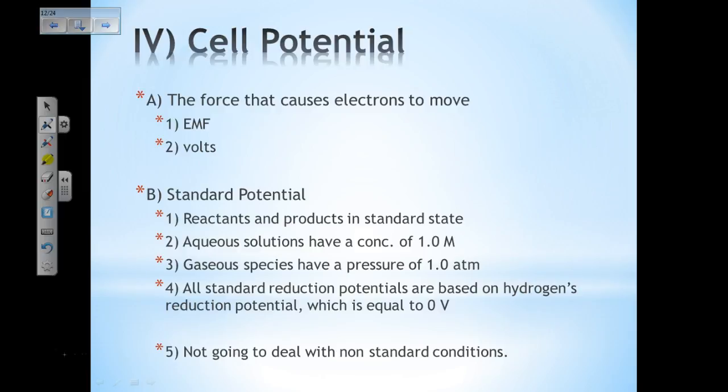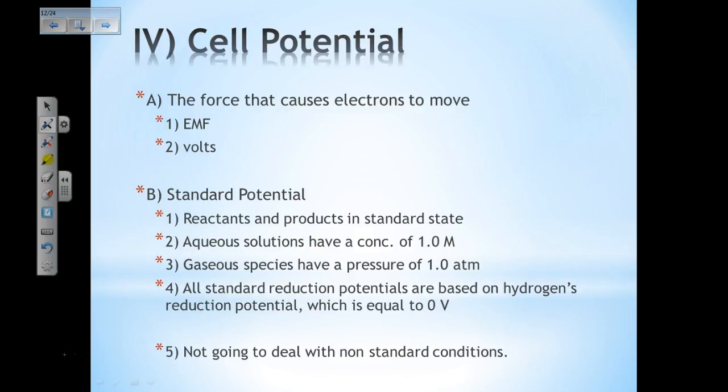Everybody, now we're going to talk about cell potential, which is the voltage that a cell puts out. A lot of times in batteries, you know how many volts your battery has. Well, that potential can be easily calculated and determined.